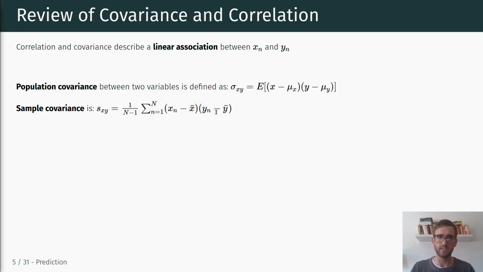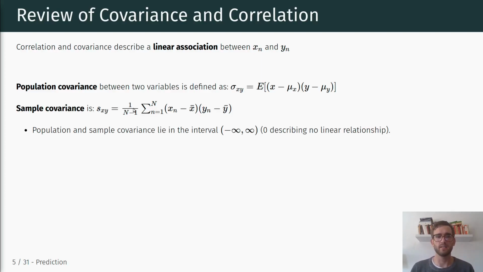So that's just the sample covariance as an estimate for the population covariance, where here these mu's are not observed, we don't observe the entire population, but we observe x bar and y bar, those are the sample means. And so this is basically just the sample covariance between x and y in our sample, okay?